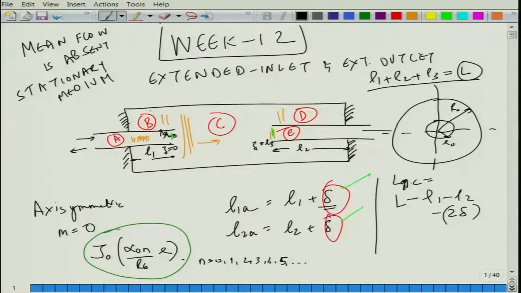Now, there is one thing that I want to make very clear, that this business of analytically finding or analyzing these things will work only for such a configuration when you have a concentric pipe. Because it is very simple to apply this boundary condition at r is equal to r naught, for the annular region B. We are assuming, mind you, the thickness of the wall is 0, that is an infinitesimal wall, there is no wall thickness.